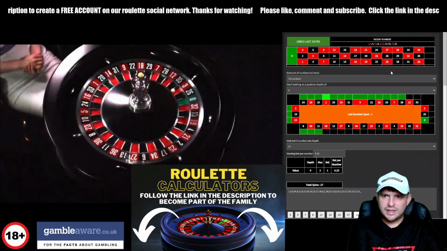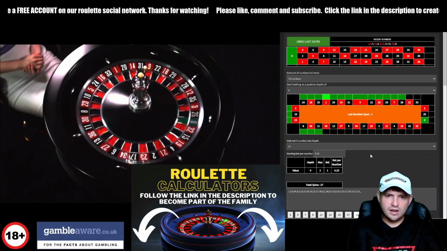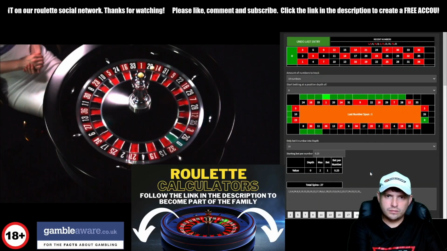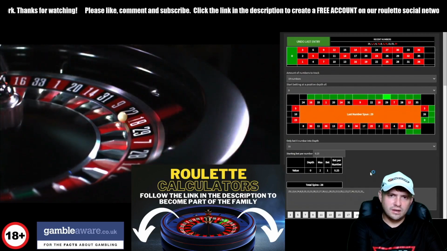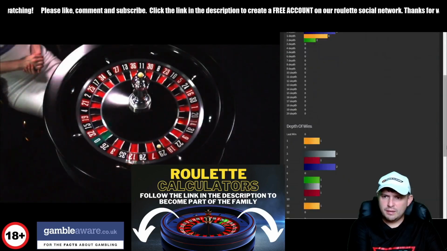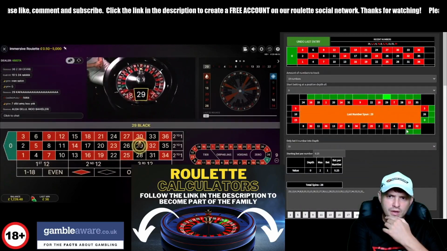Okay, that's gone to 29, so let's go back to the highlighted zone. I think he's going to make one more bet and then probably call it a day, because there's about 3 minutes left of the video clip that he sent me.